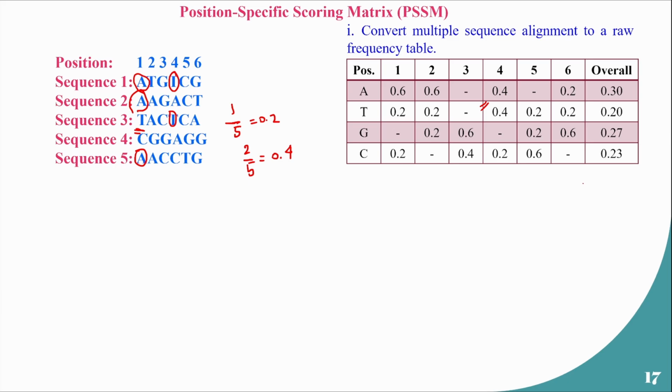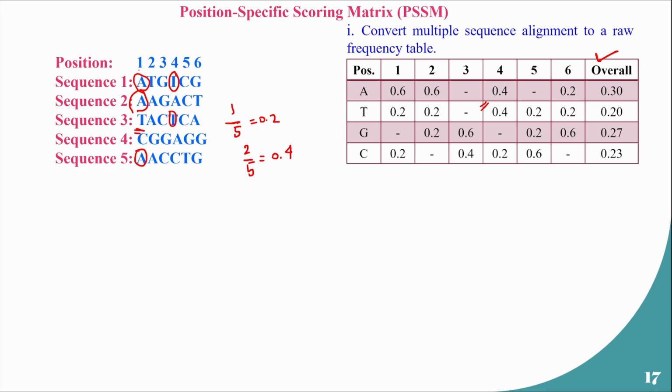Now on the right side, you also have something called overall. This is the overall frequency in this entire alignment for a particular nucleotide. Let's say we are counting for alanine: how many are present in the overall alignment, irrespective of their positions?